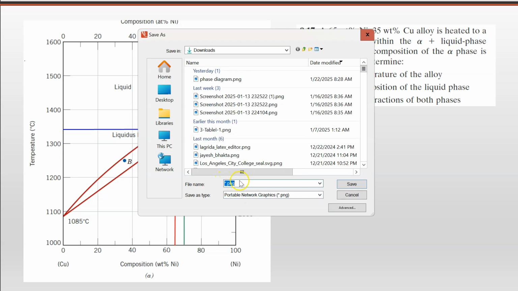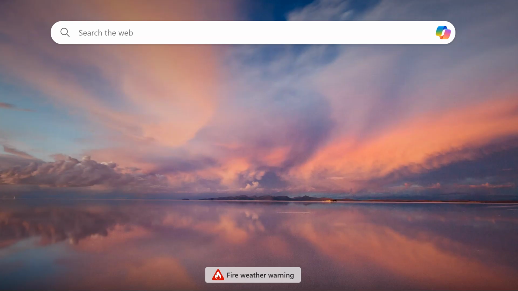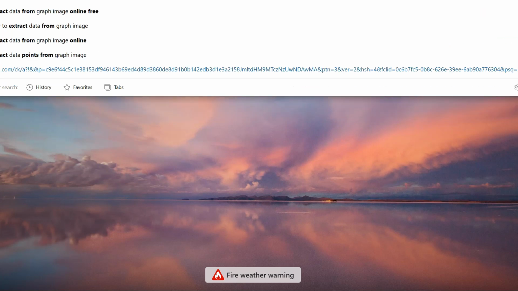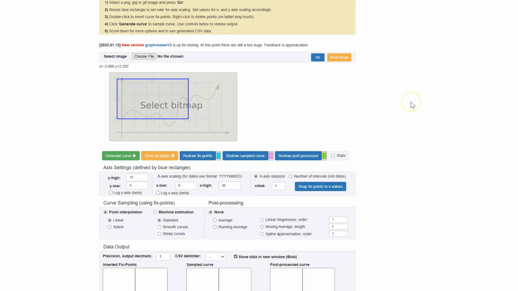Okay, so I'm just going to call that example problem 1. And then I can use an online way to convert points on the graph into numbers, and I'm using here graphreader.com.